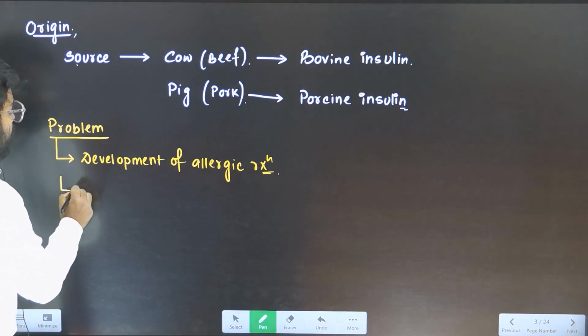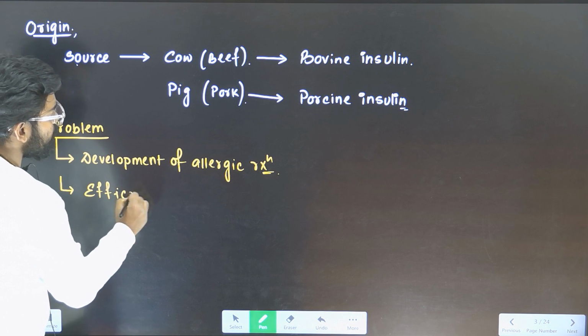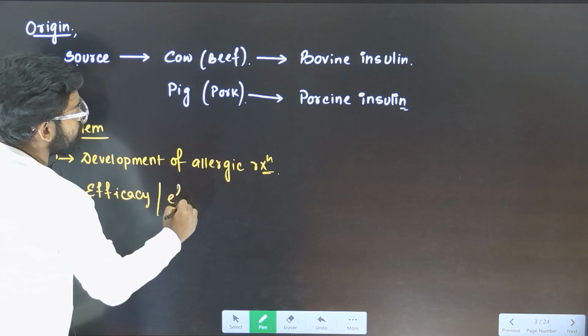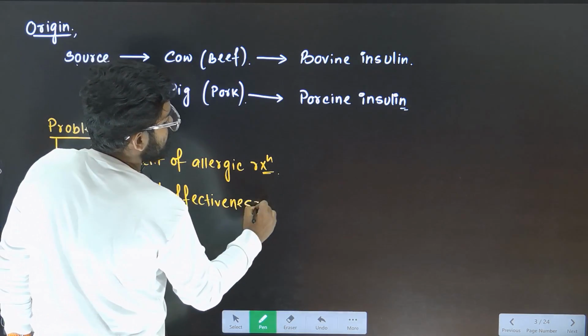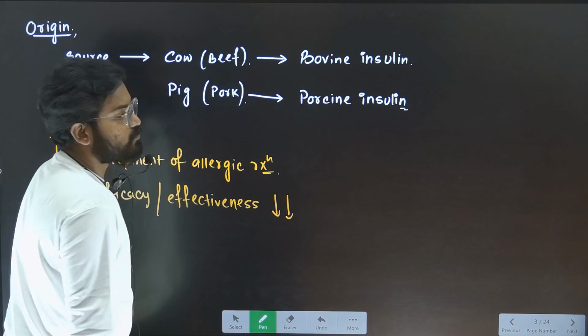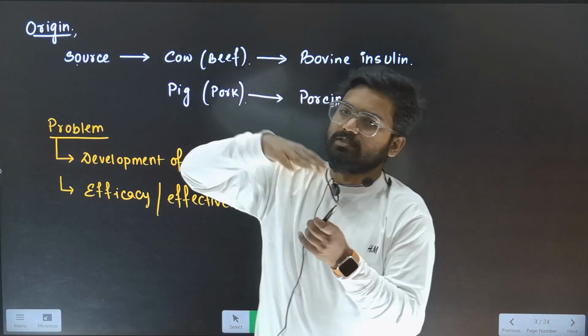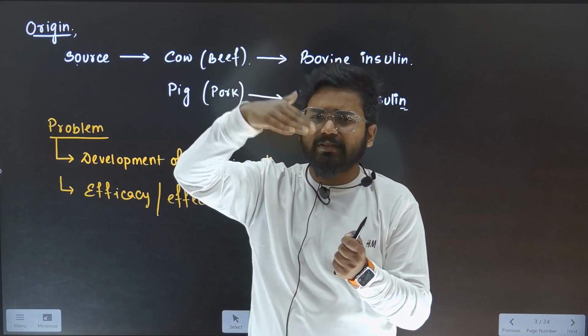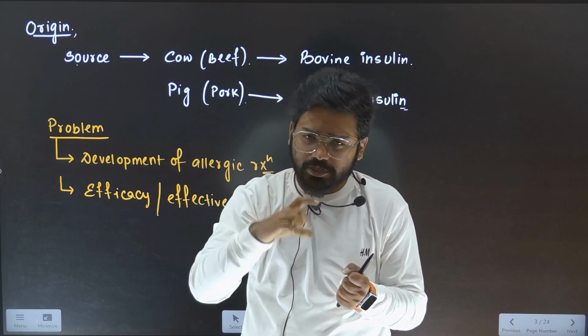And one more problem was that the efficacy, or you can say the effectiveness, was less. The effectiveness was not up to the mark. Our expectation was that the sugar level should gradually fall in a certain proportion.